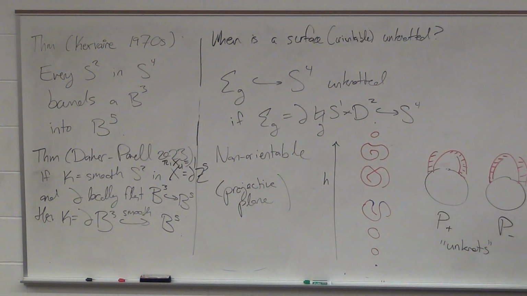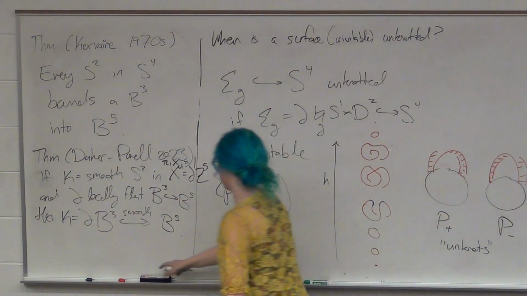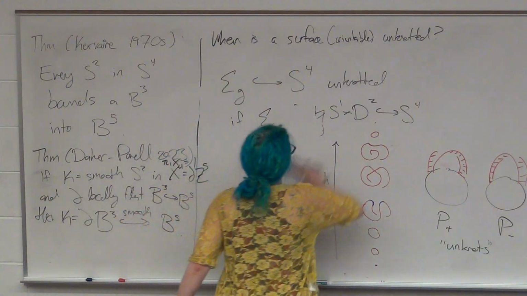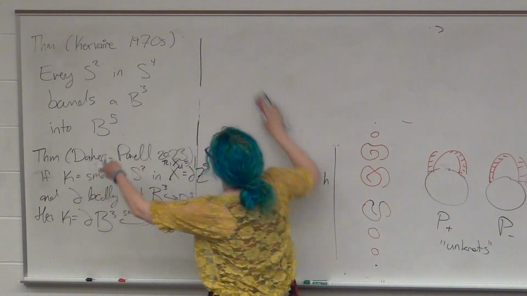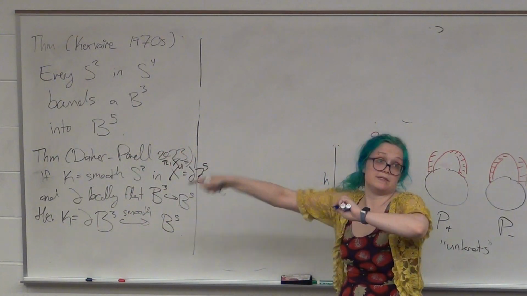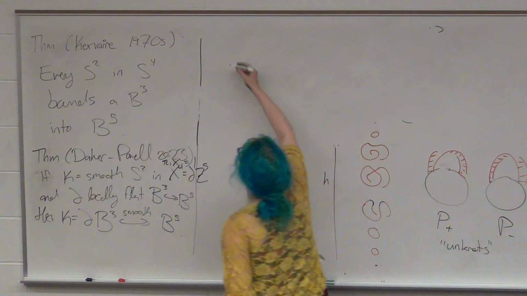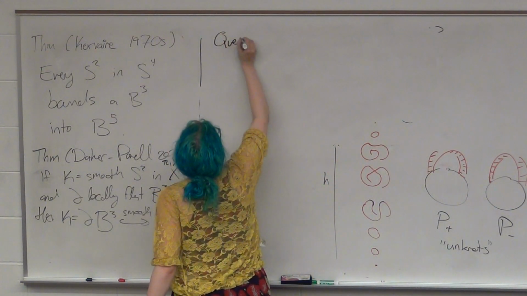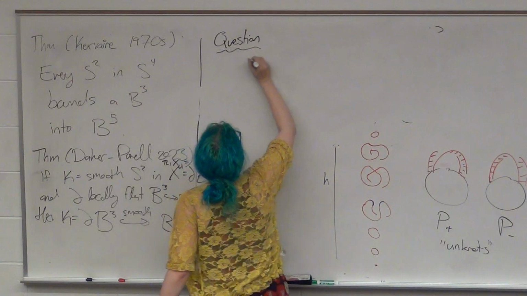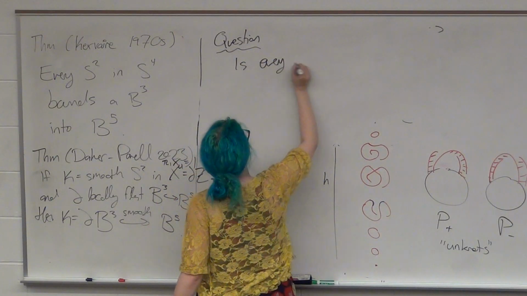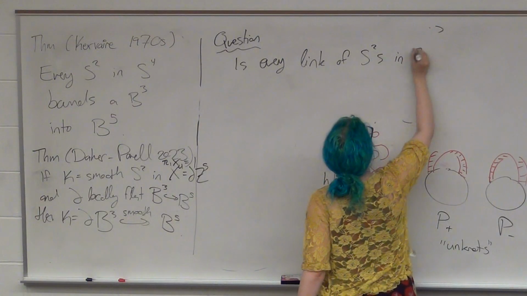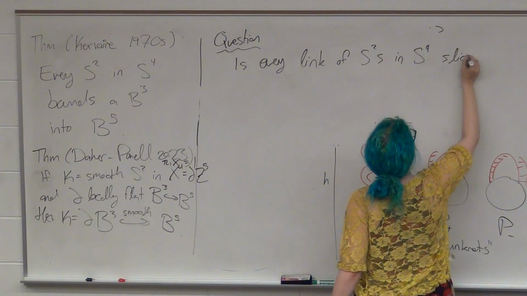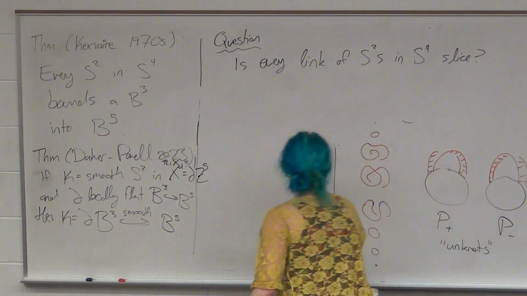Okay? But here's something that is open, which is shocking. As much as this theorem is shocking, given that you now believe it's true, it's shocking that we don't know the answer to this. Question: is every link of 2-spheres in S4 slice?